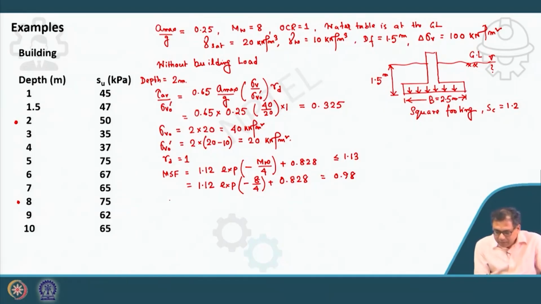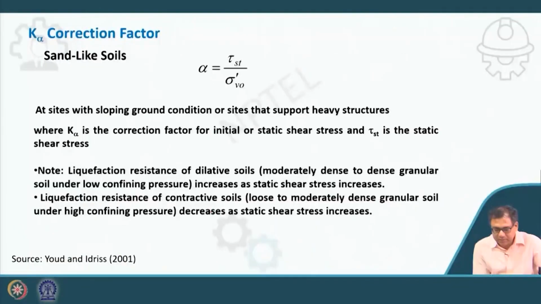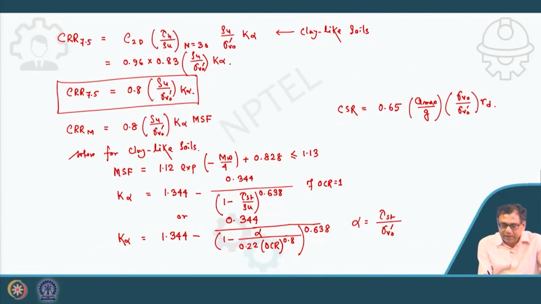So now K alpha will be 1, because we have not taken the initial building load, so static shear stress is 0, so that means we will take K alpha as 1. So if this is the case, then we will calculate CRR for Mw equal to 8. The CRR expression was 0.8 Su by sigma V dash into K alpha into MSF.